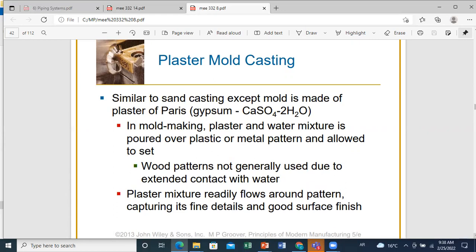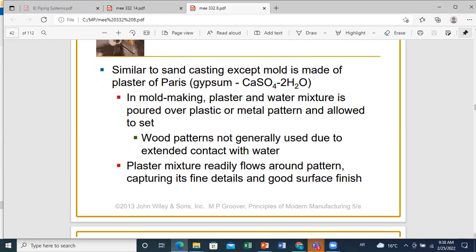In this case, a wood pattern will not generally be used due to extended contact with water, so as not to have problems related to the humidity of wood. The plaster mixture will readily flow around the pattern, capturing its fine details and leading to a good surface finish. So it's similar to sand casting, but it's characterized by better accuracy and better surface finish of the final product.